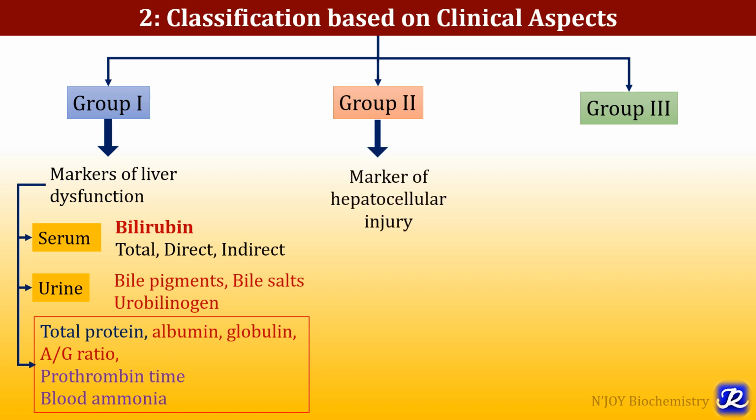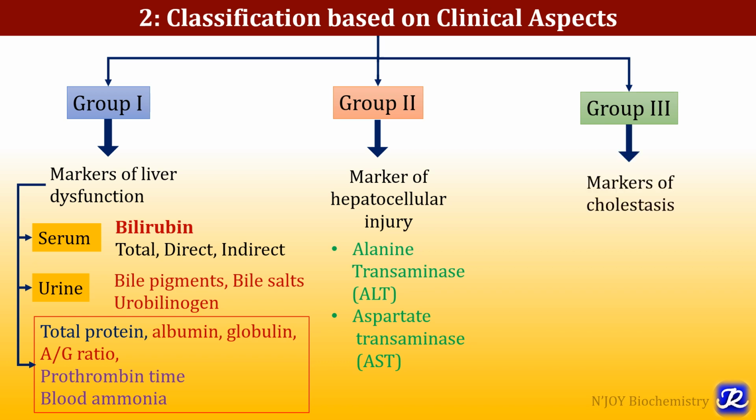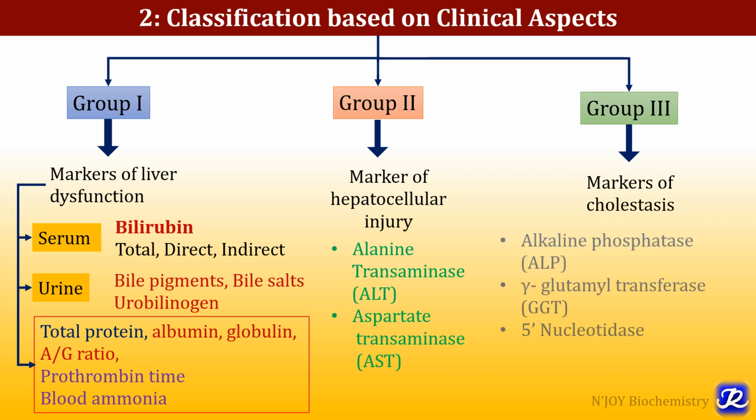Group 2 includes markers of hepatocellular injury, and it includes 2 important enzymes, that is alanine transaminase and aspartate transaminase. Group 3 includes markers of cholestasis, and these are alkaline phosphatase, gamma glutamyl transferase and 5-nucleotidase.